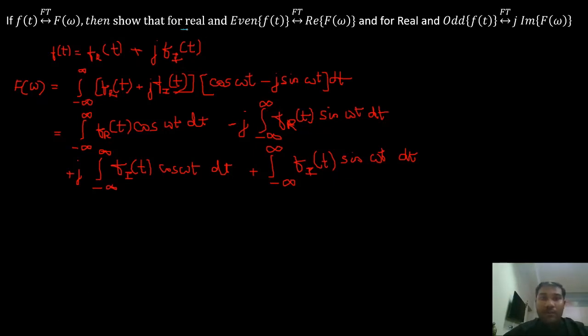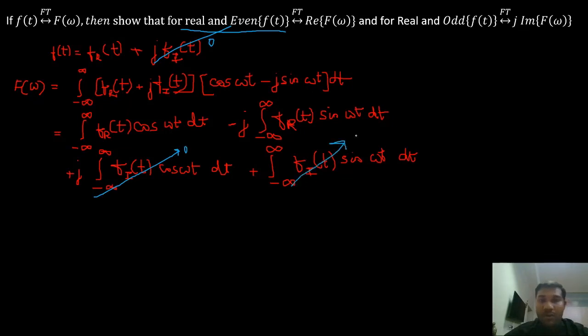Now my first question, for real and even f of t. When f of t is real, first let us just consider real. When f of t is real, the imaginary part is 0, so this integral becomes 0.